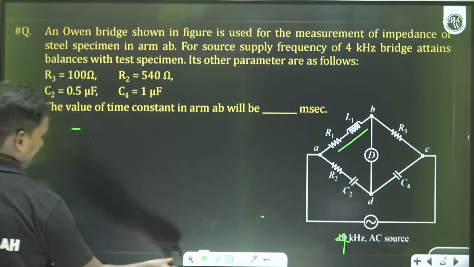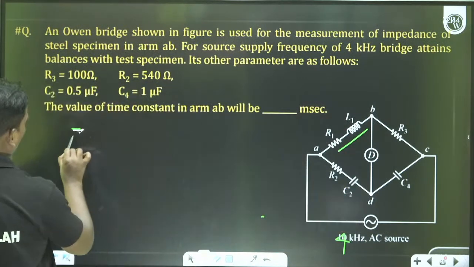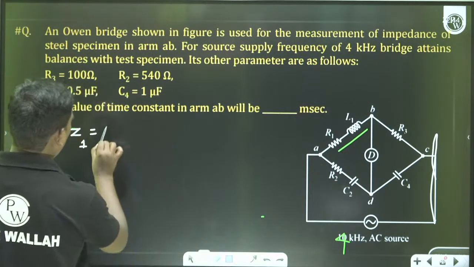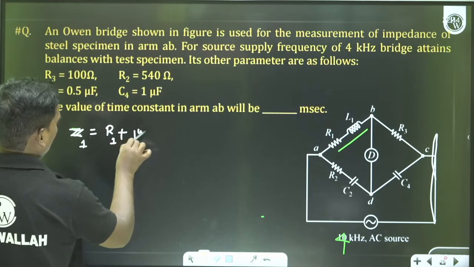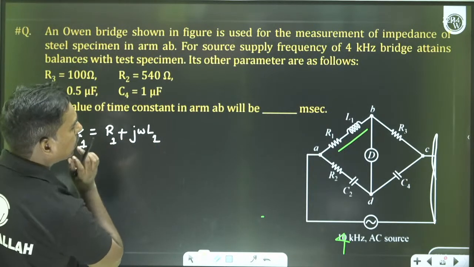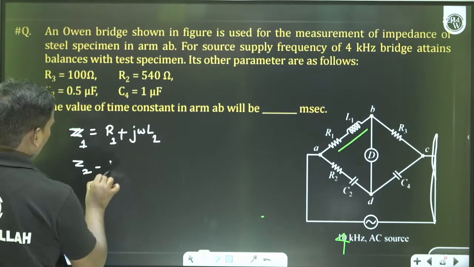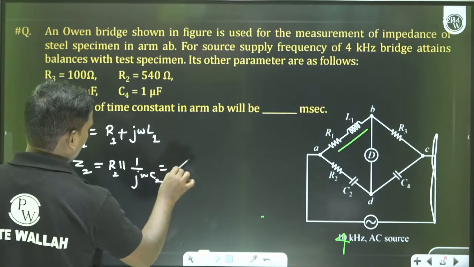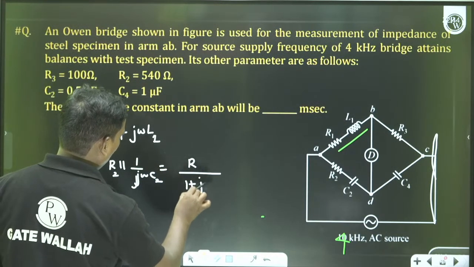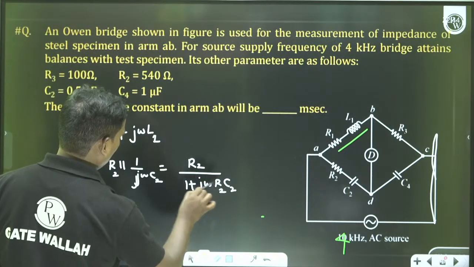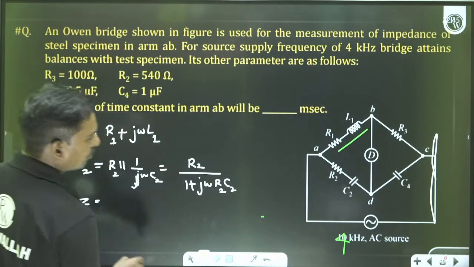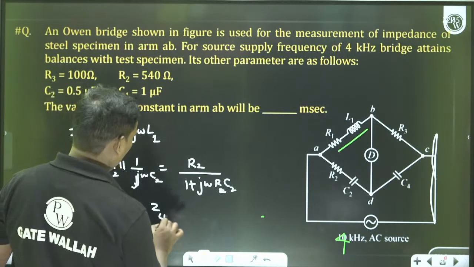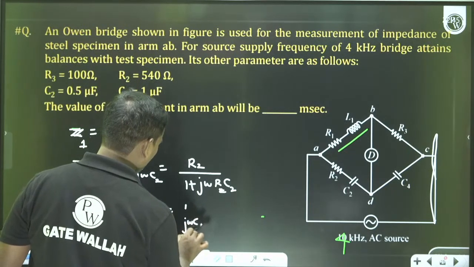I'm just giving the methodology. Z1 is r1 plus j omega l1, and z2 is r2 parallel to 1 by j omega c2, so this is r2 by 1 plus j omega r2 c2. Next z3 is r3, and z4 is equal to 1 by j omega c4.